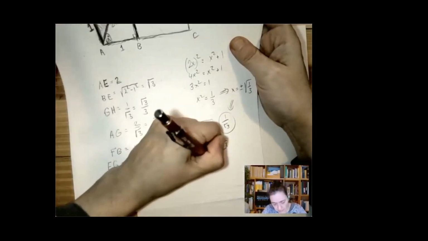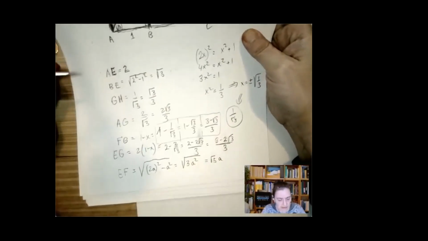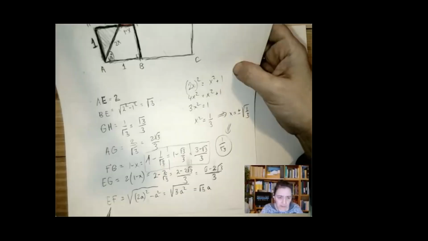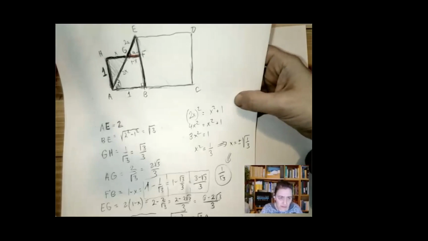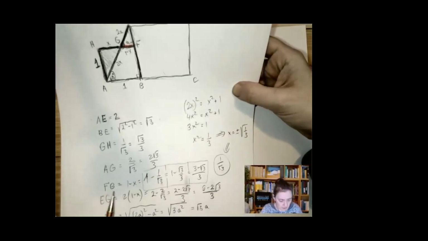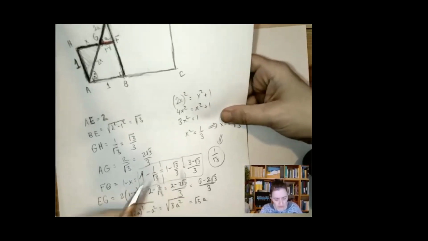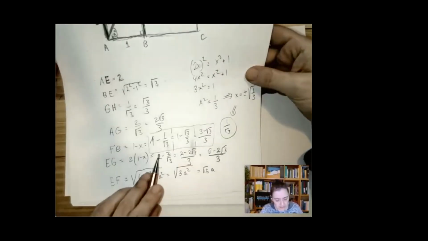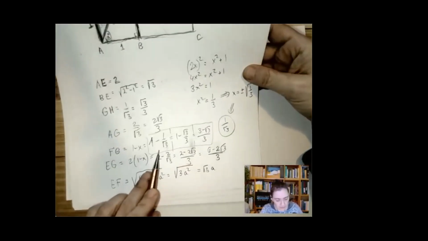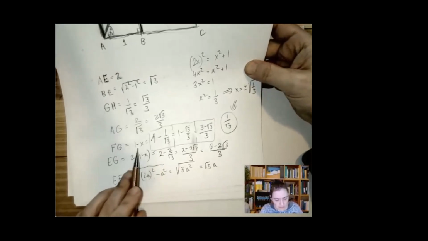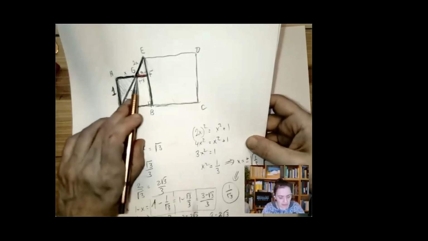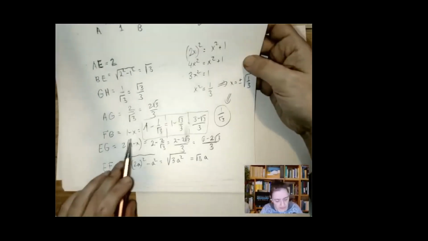That's square root of 3 times A. And A is 1 minus x, which is FG. So I like the first form best now. We're going to take this 1 minus x, this itty bitty little line segment, and multiply it by square root of 3.